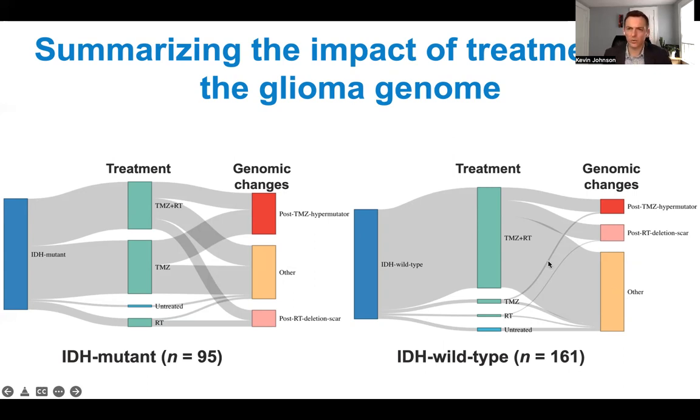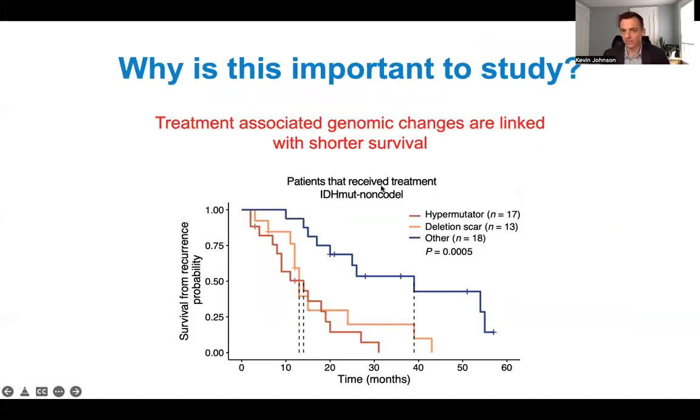But anyways, why do we really care about these genomic changes? What effect do they have on patients? Well, we know from our initial analyses that these treatment-associated genomic changes that occur only in a subset of patients are associated with shorter survival, even when including adjustments for other confounders.